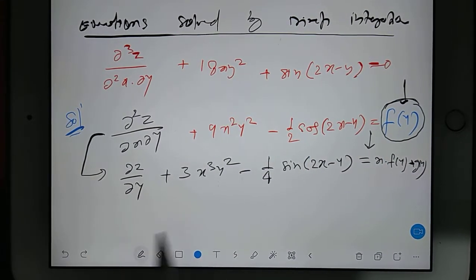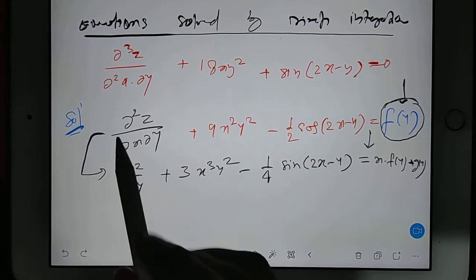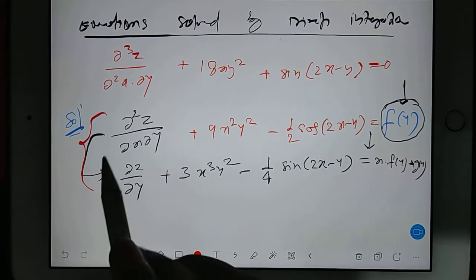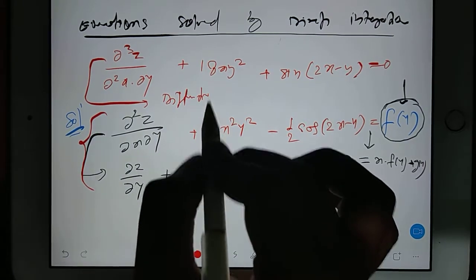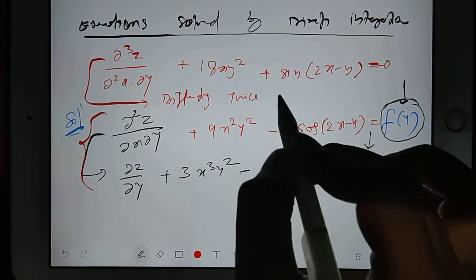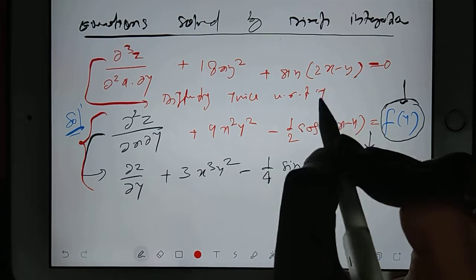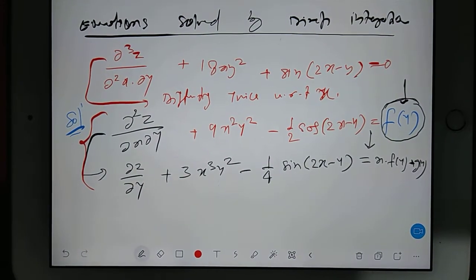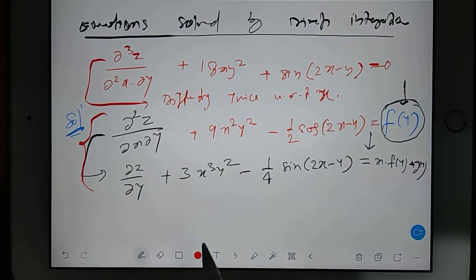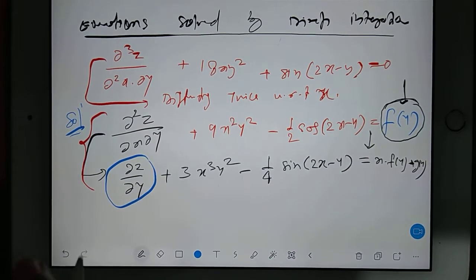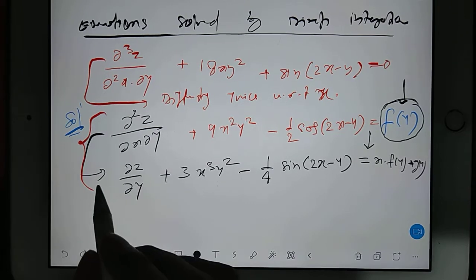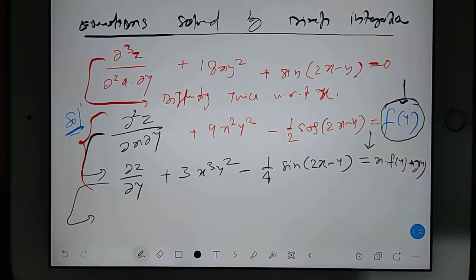Now understand, whatever we have done here was nothing but differentiating this equation twice with respect to x, correct? Two times we have differentiated with respect to x. You can clearly see we still have a partial derivative term, so one more time we can integrate, but this time we will be integrating with respect to y.